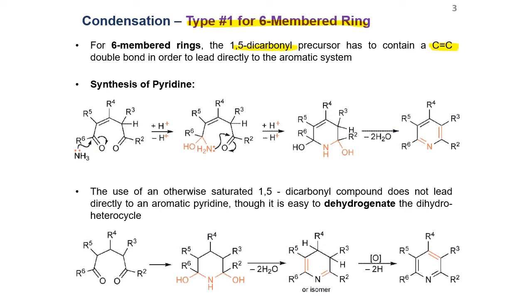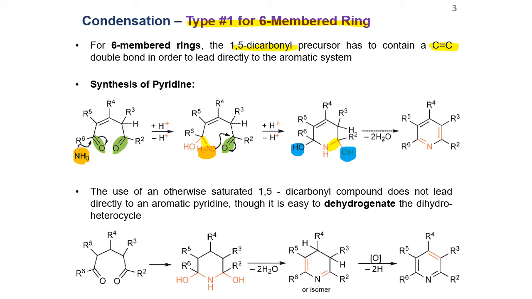If you have a 1,5-dicarbonyl system which can act as electrophiles, and then you have heteroatoms like amines acting as a nucleophile, the first attack of amines to the carbonyl group will lead you to the first carbon-heteroatom bond, and now the second attack to the second carbonyl group will lead you to the second carbon-heteroatom bond, and now you have two hydroxy groups which can be eliminated out.